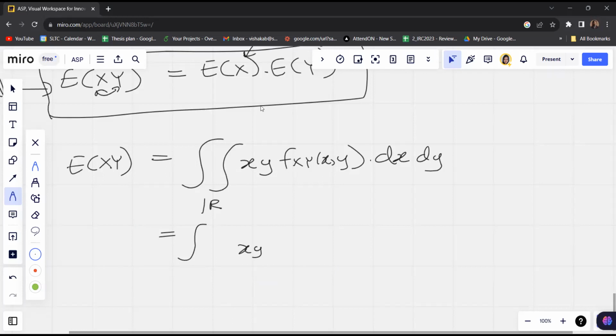I will take y out because y is not related to x. So because of that, I'm taking y out. Then x, f(x,y), with respect to dx, going to take the integration.